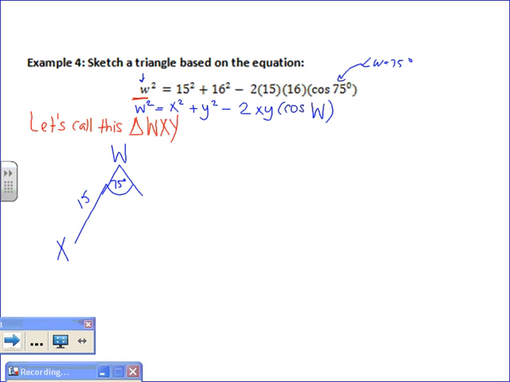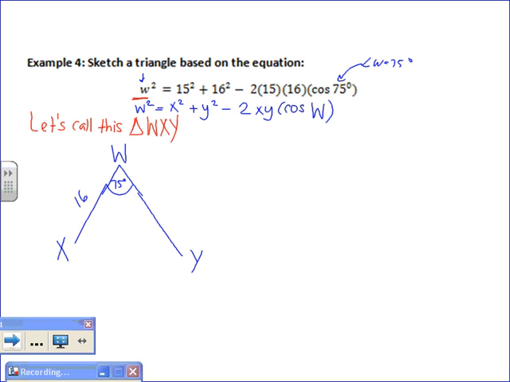Oh, sorry. Apologize, folks. I'm not doing a good job here today. Let's go ahead and just complete our triangle here for a minute. We'll call this Y over here. Okay, so this is side length Y across from angle Y, and that's going to be 16.